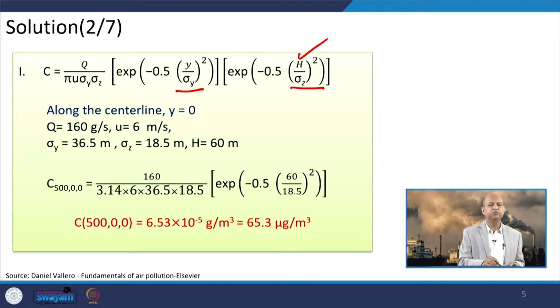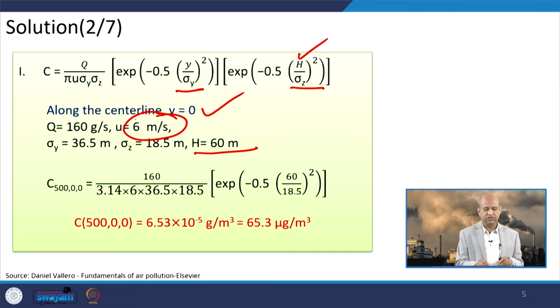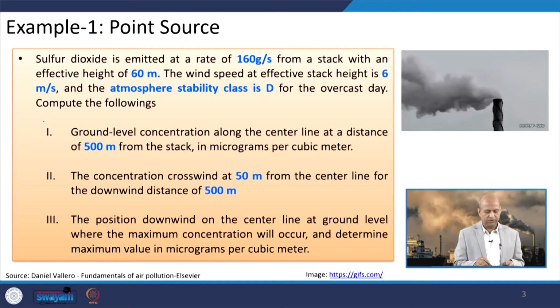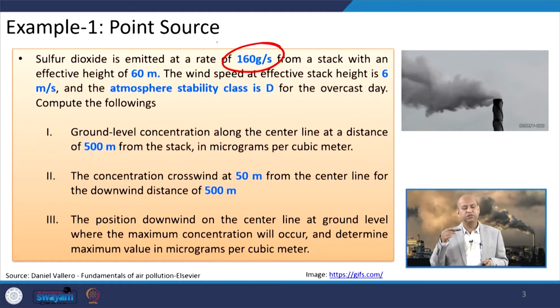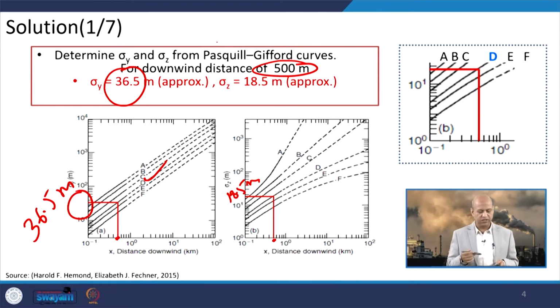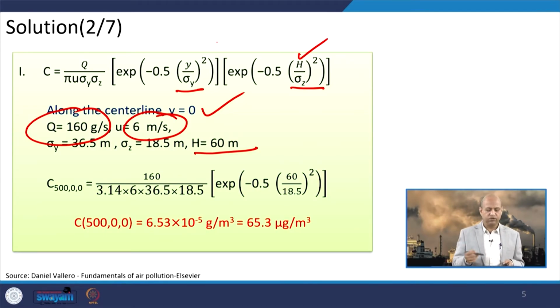Now, we put these values: sigma y, sigma z, y is 0 because it is center line concentration, not away from the center line, h is given, that is the effective stack height 60 meter. U is given, 6 meter per second at the effective stack height, and Q is given, sulfur dioxide is emitted at the rate of 160 gram per second. Sigma y and sigma z you have estimated already from that curve.